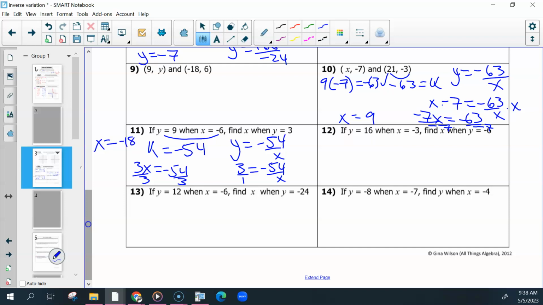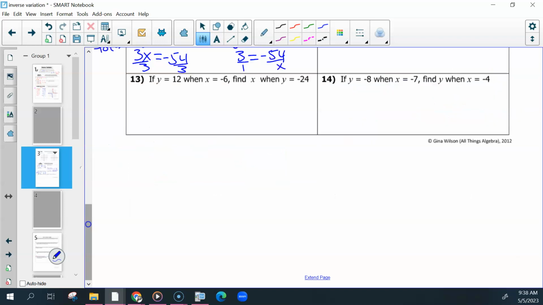And if I double check, negative 18 times 3 is negative 54, so that works. 14. Multiply the numbers, what do you get? Positive 56. What's our equation?